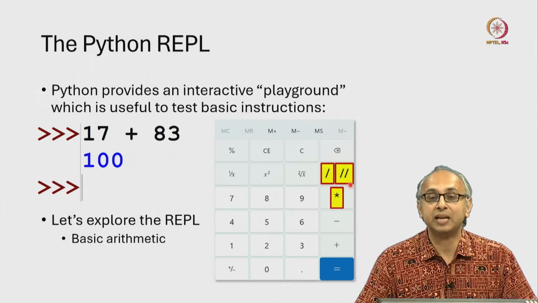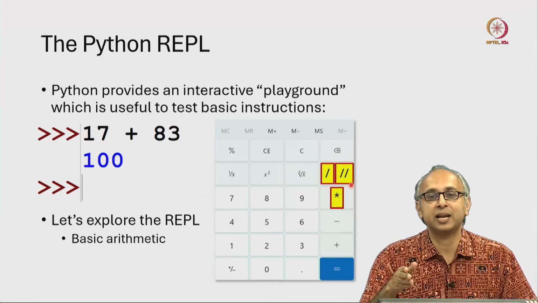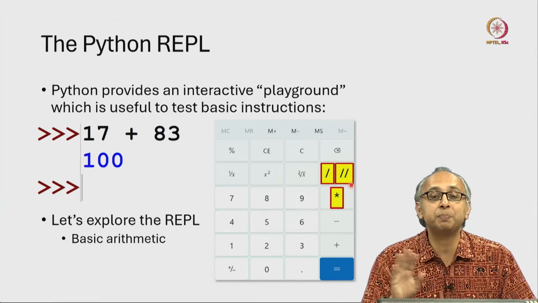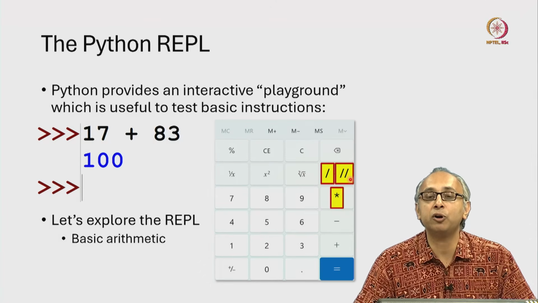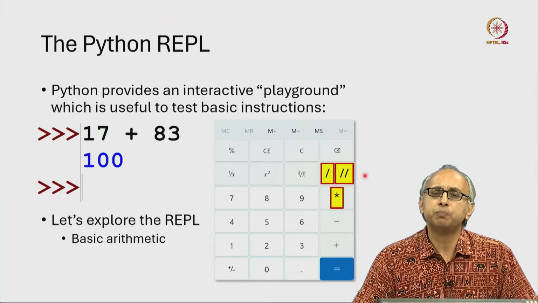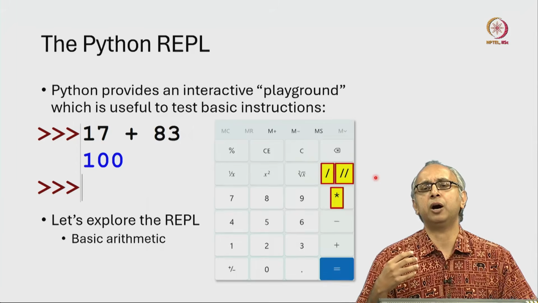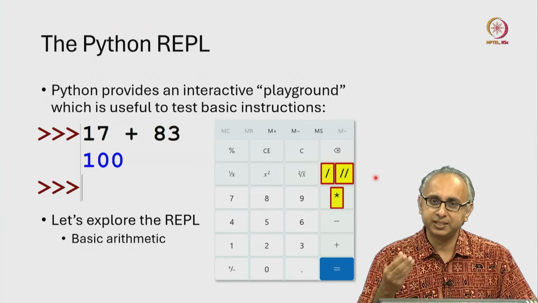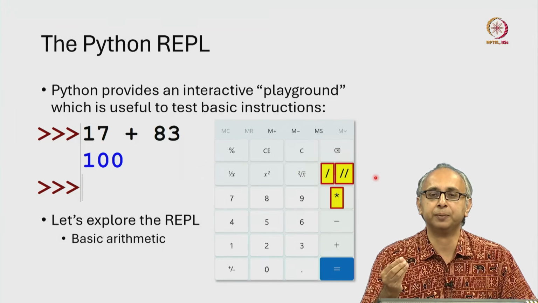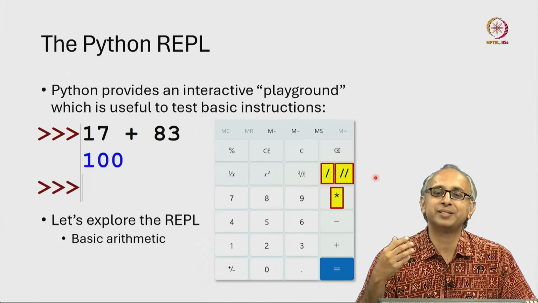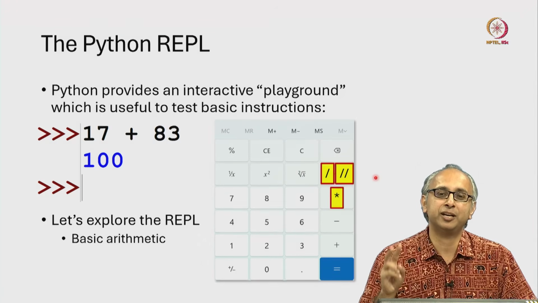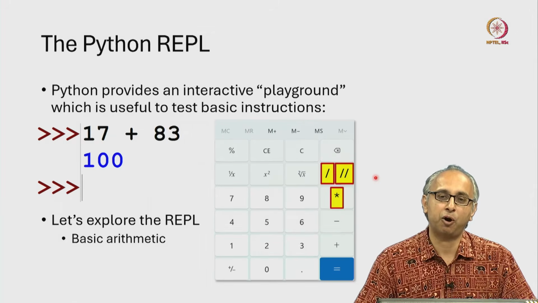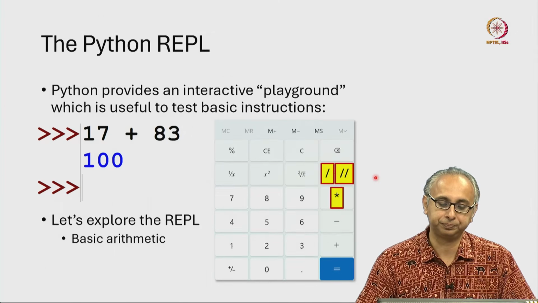Then there is double slash, which we write as a forward slash and then another forward slash with no space in between. And that is called the floor division operator. So both of these operators do a form of division, and we will see the difference between them. Later we will see and better understand why Python has provided two ways of doing division.